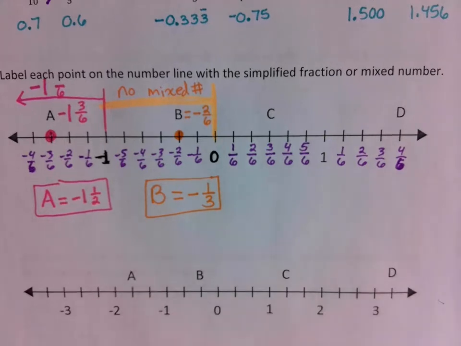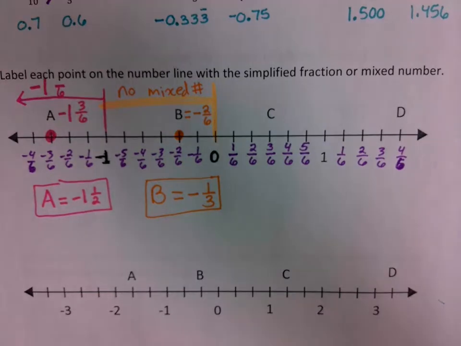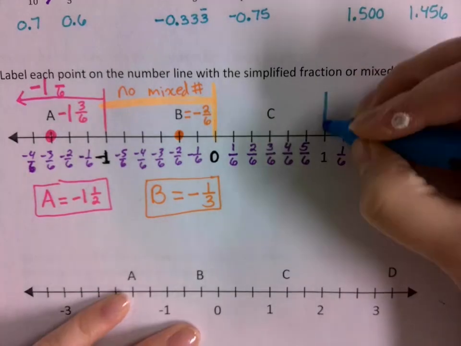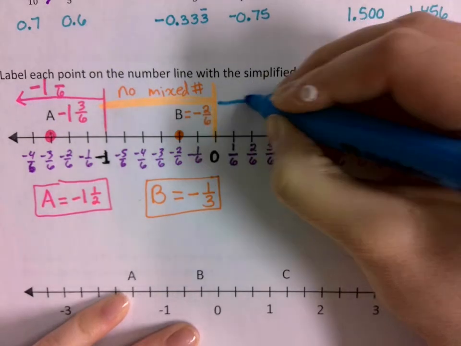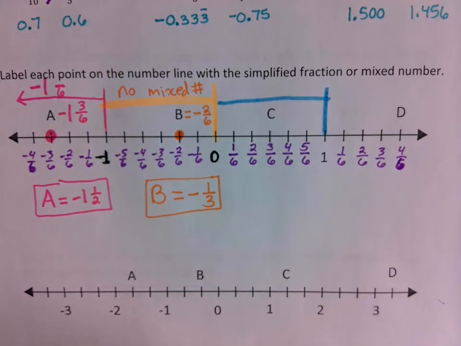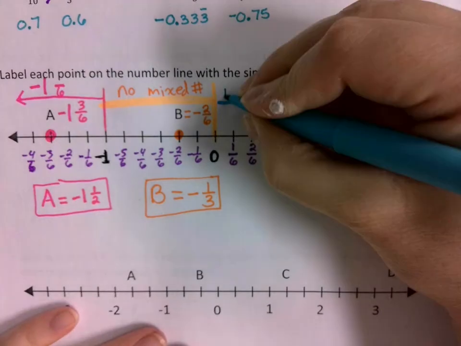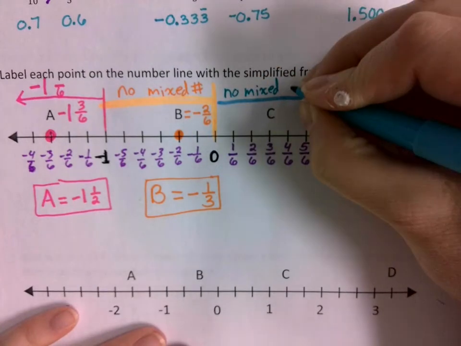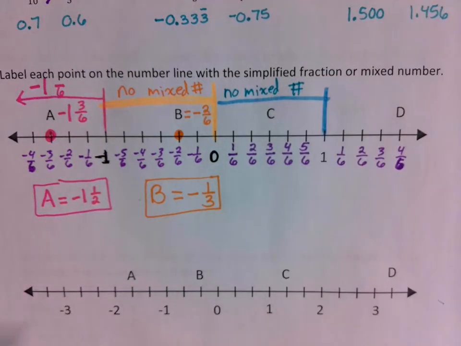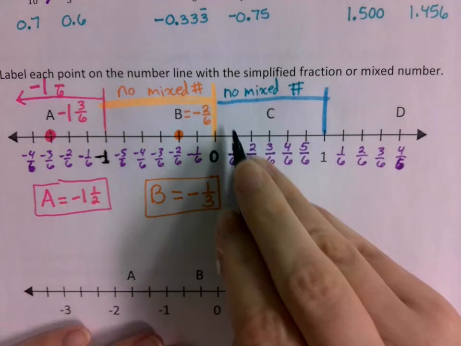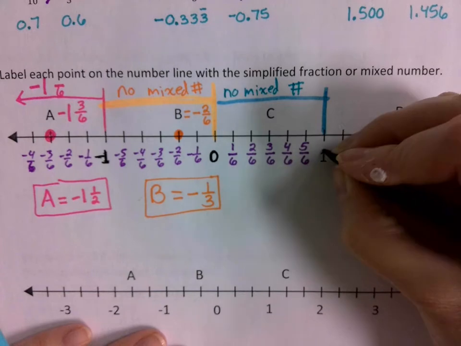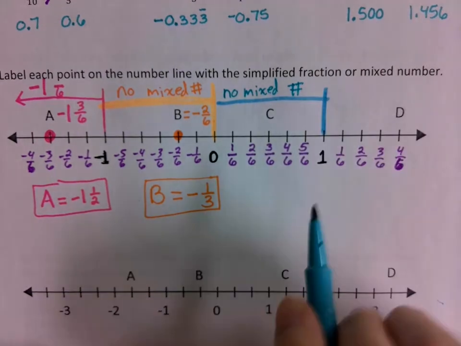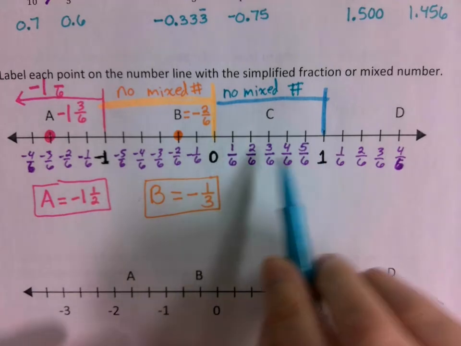Anything between 0 and this point right here is also no mixed numbers, because we haven't gotten to a whole number yet. So anything between 0 and 1 whole is not going to have any mixed number form, because there are no whole numbers.